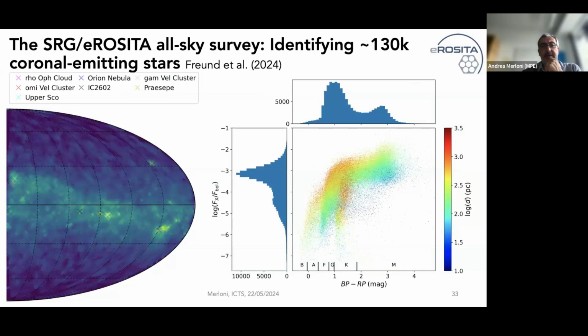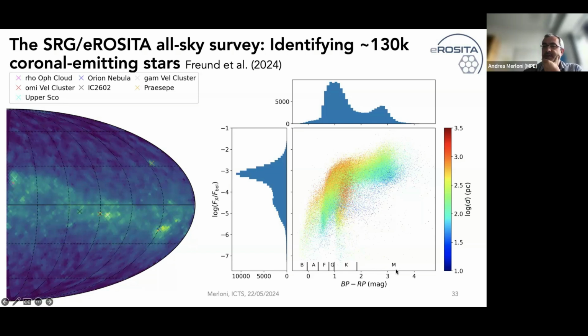Okay, if any of you is interested in stellar astrophysics, we have a very large number, almost 100,000, of coronal emitting stars. These are main sequence stars that, like our sun, produce X-rays in their corona, sometimes in a flaring fashion, sometimes in a stable fashion. And Gaia is very good because it's deep enough to identify essentially all of them, given what we know about the typical X-ray to optical flux ratio of stars.